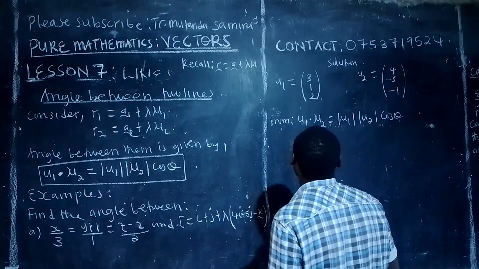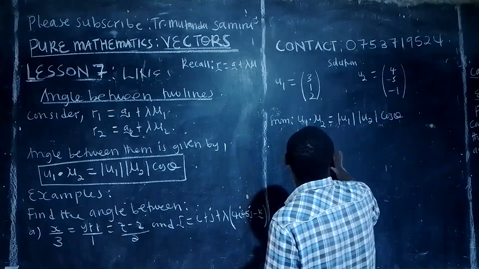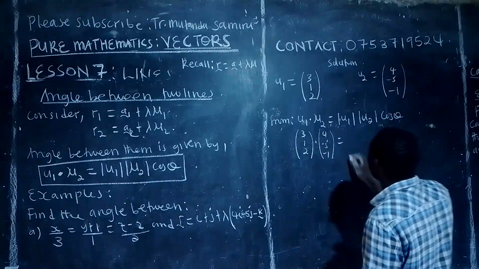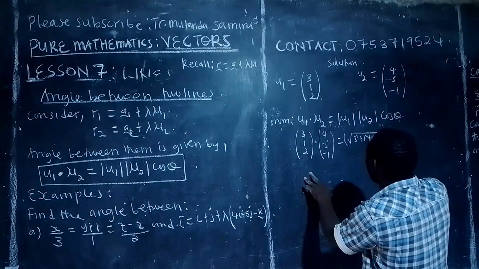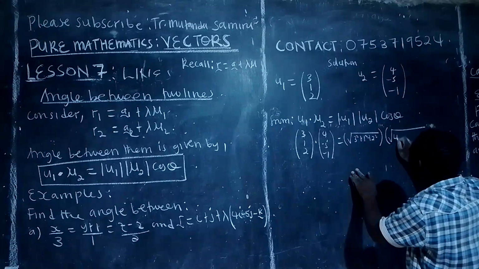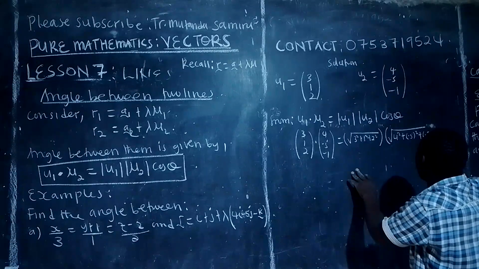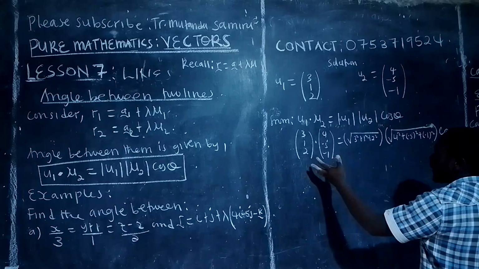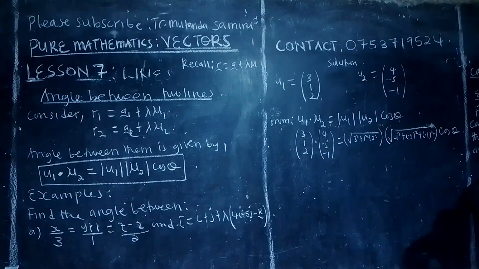This will be (3, 1, 2) dot (4, negative 5, negative 1) is equal to the square root of 3 squared plus 1 squared plus 2 squared, times the magnitude of mu2, which is the square root of 4 squared plus negative 5 squared plus negative 1 squared, all times cos of theta. You can handle this in one go. I prefer the method of going direct.